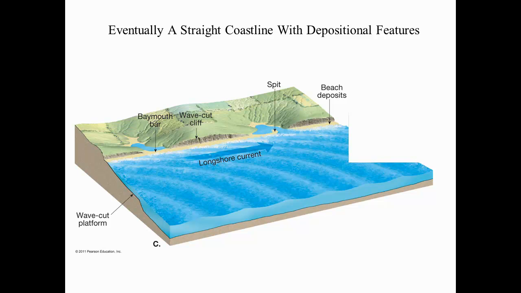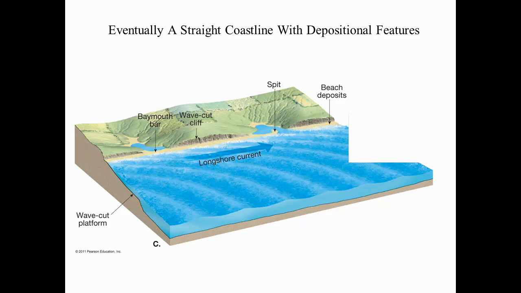Notice now that the original spit in the previous diagram has now extended all the way across the cove to form a baymouth bar. The former wave-cut cliff now has a nice beach in front. And we also have a spit extending offshore further towards the right.